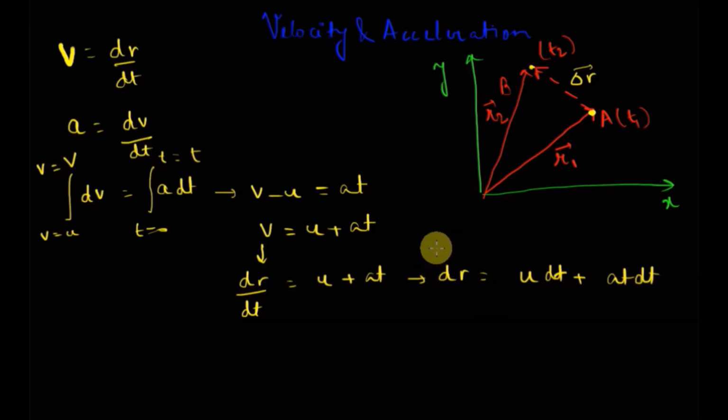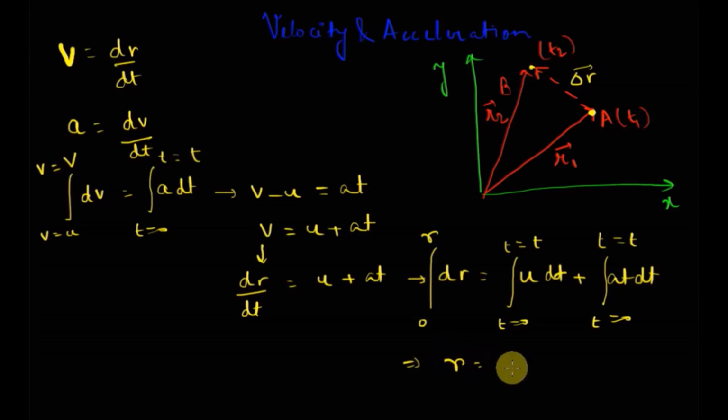And let's say again if I integrate this from r is equal to 0 to small r, and time t is equal to 0 to t is equal to t, then if we solve this, we will get r is equal to ut plus half a t square. So this is another important relationship.